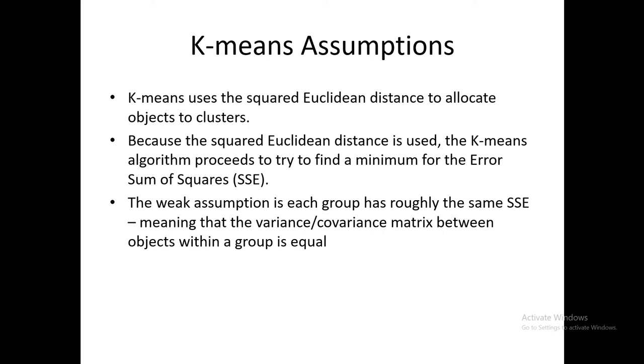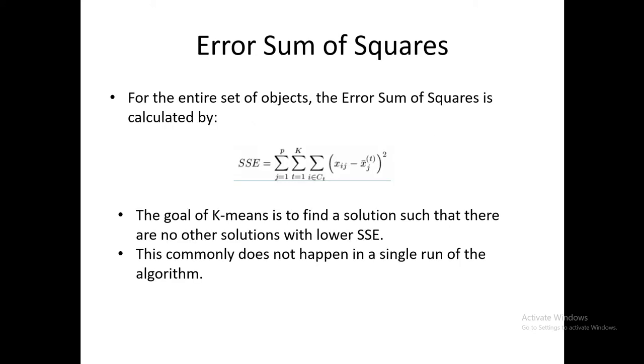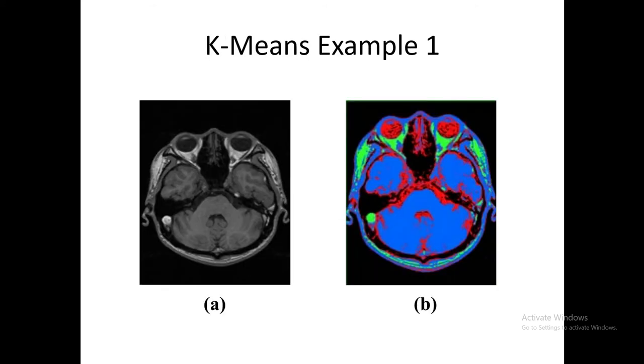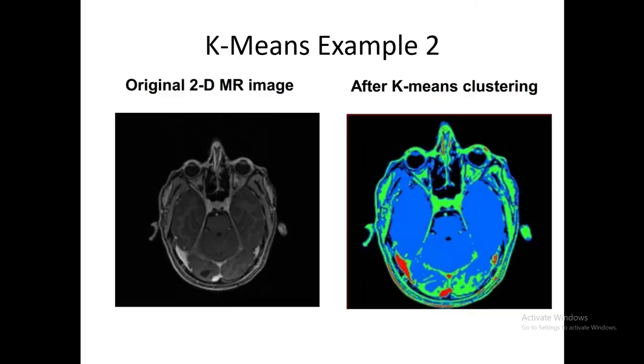The weak assumption is that each group has roughly the same SSE, meaning that the variance or covariance between the objects within the group is equal. So this is the formula for the error sum of squares, and this is an example.